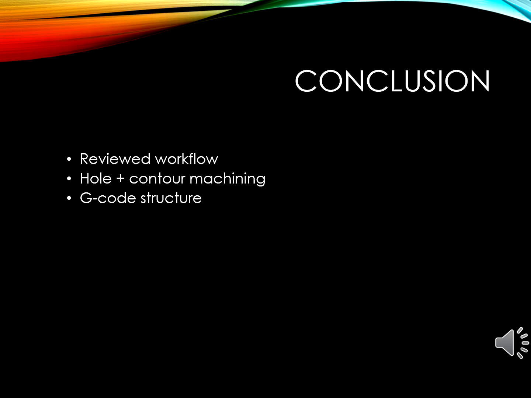We also analyzed the structure of the G-code, including safety commands, machining blocks, and the program ending. By mastering these fundamental concepts, you gain the essential skills needed to write basic CNC programs and understand how the machine interprets every movement. Thank you for watching this presentation.